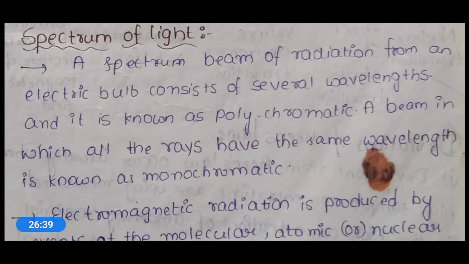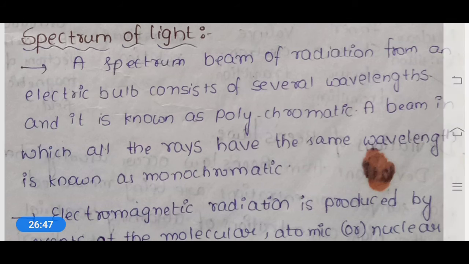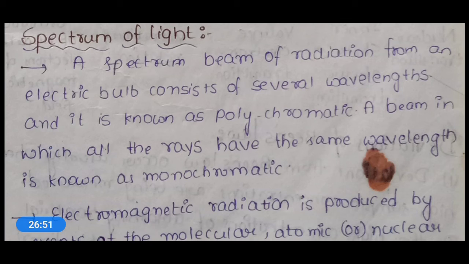A polychromatic beam is a combination of several beams of radiation with different wavelengths. Each radiation beam will have a different wavelength, and such a collection of beams is called polychromatic.